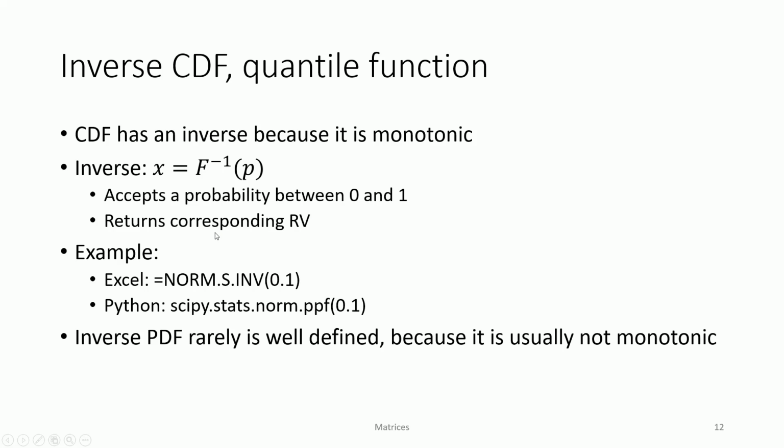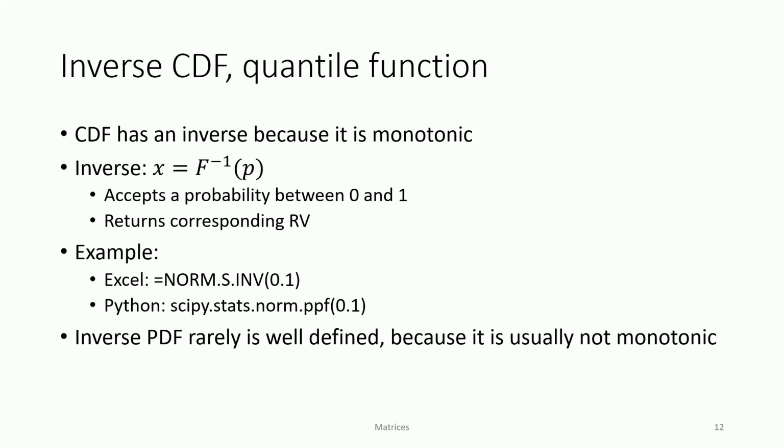So for inverse CDF in software such as Excel, for instance, we have functions such as NORM.S.INV, or in Python, let's say we have this function. Inverse PDF is rarely well defined, right?